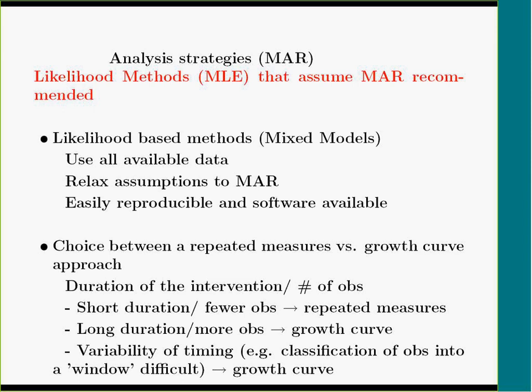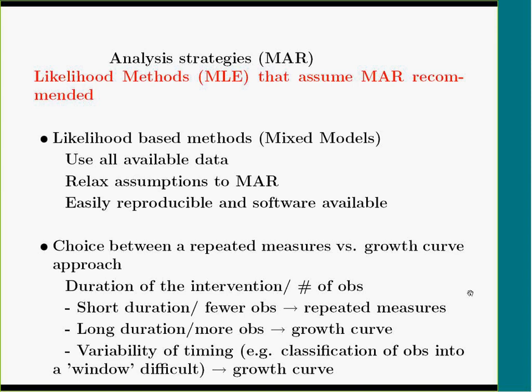Any participant in the study who has even one assessment is included in the analysis. The assumption relaxes missing completely at random to missing at random, and they're easily reproducible, and there's software available in every analysis package that you would ever use.